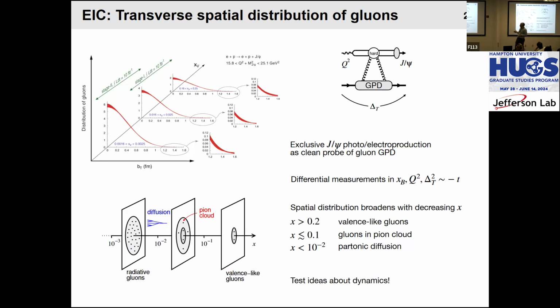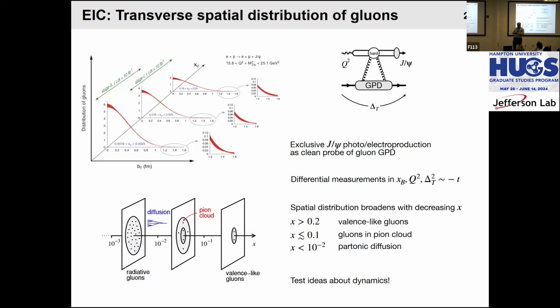If you go even further down in x, there's a very interesting mechanism posited by which the gluonic size of the nucleon broadens due to a diffusion-type dynamics. Namely, gluons which we observe at small x are decay products of gluons at larger x through successive emission processes.